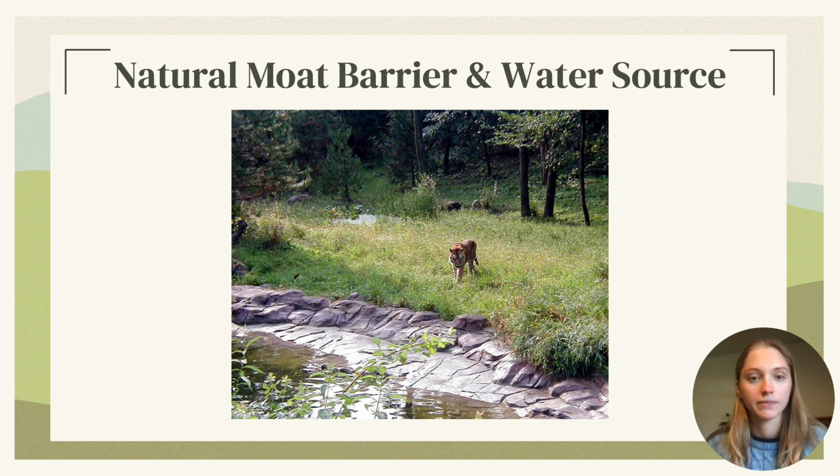So essentially, as you can see with this image of this tiger here, it's part of that natural environment, so they can walk down into it, take a sip of water, and then it also acts as a barrier from visitors to the animal, so the animal isn't going to be able to get out and escape, but also so that the visitors are able to see clearly into the habitat, similar to how there might be a river in a natural ecosystem. You might be viewing it from that viewpoint. So it is there for two reasons, one being water source, one being a barrier.